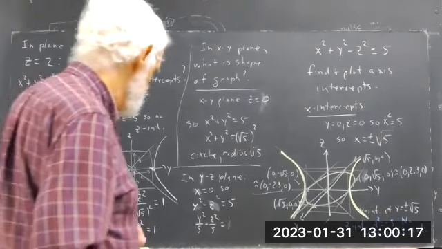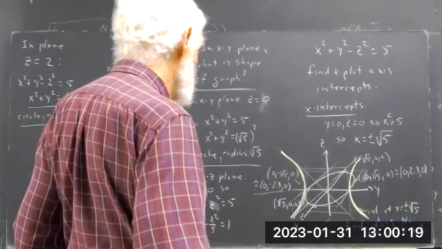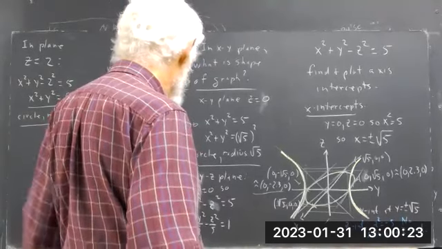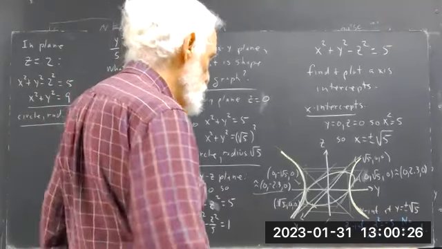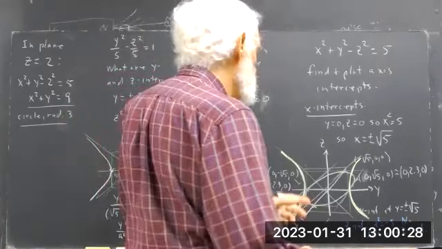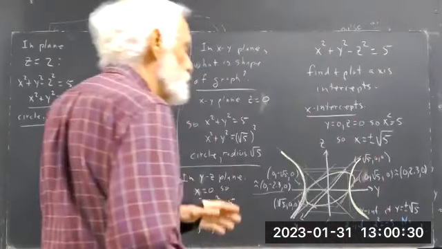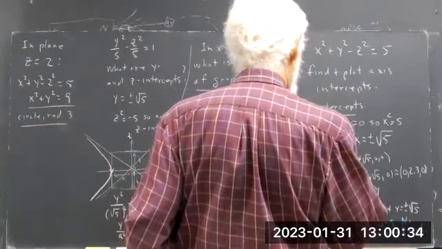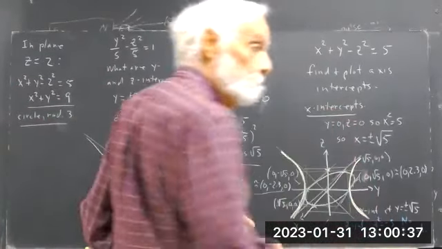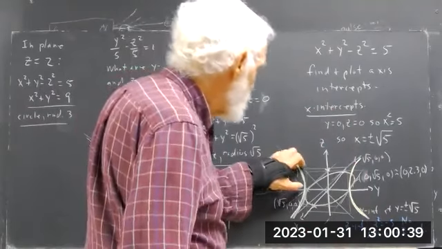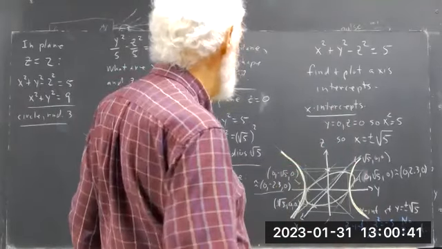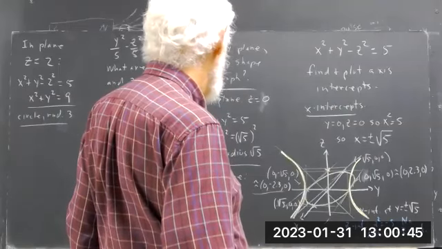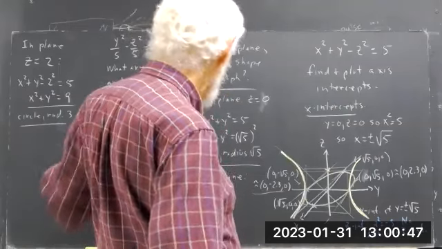Well, what color to use next? To distinguish the plane z equals 2. Well, z equals 2 at this point, right? Let me make sure I'm telling you right.